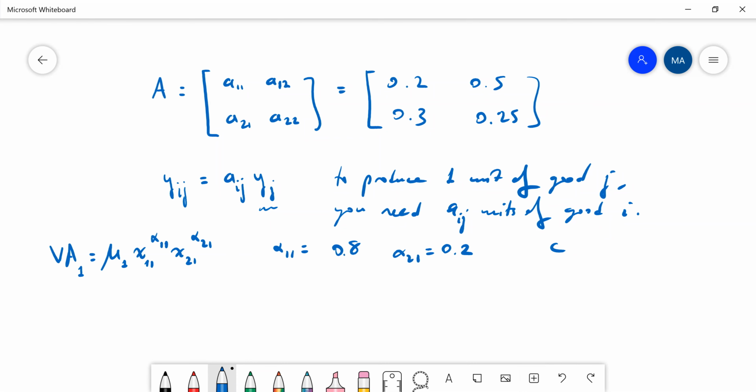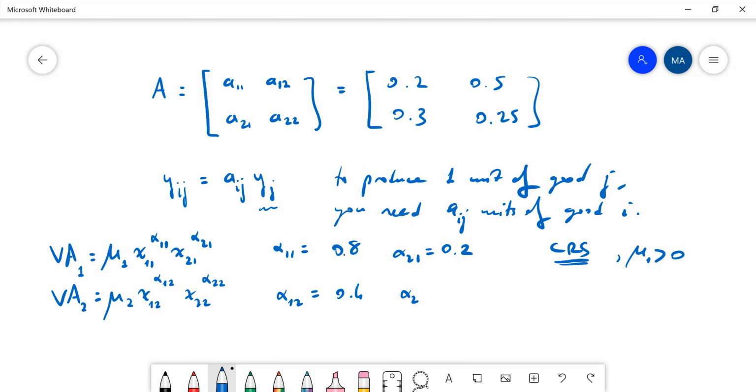As you see, it is constant returns to scale. And for the second firm, we have mu2, so mu1 is greater than 0 here. So we have x12, alpha12, x22, alpha22. So alpha12 is 0.4, alpha22 is, of course, 0.6, because it is, again, CRS, and we have mu positive, all right?